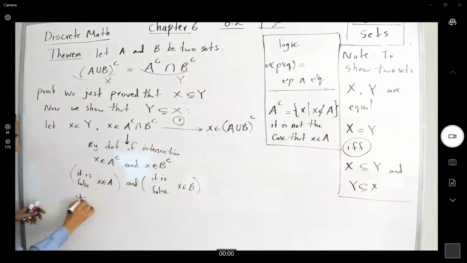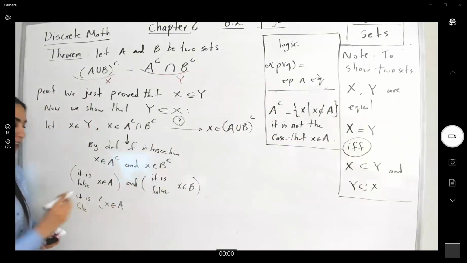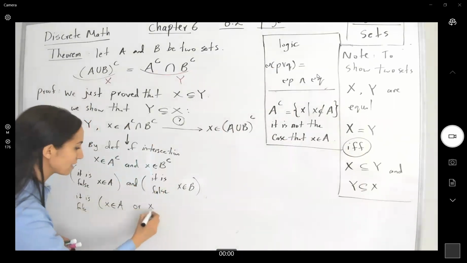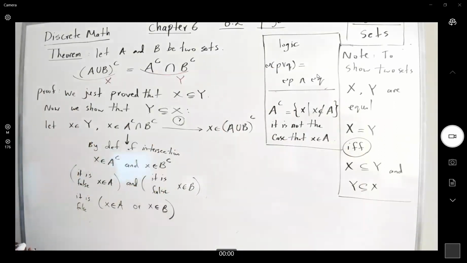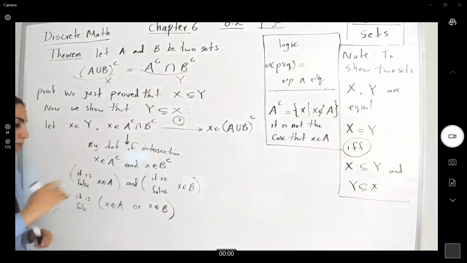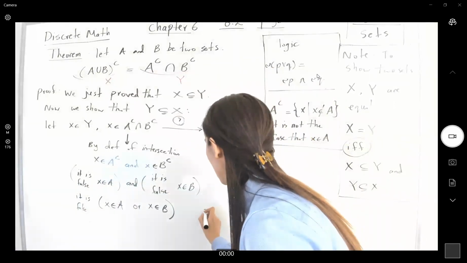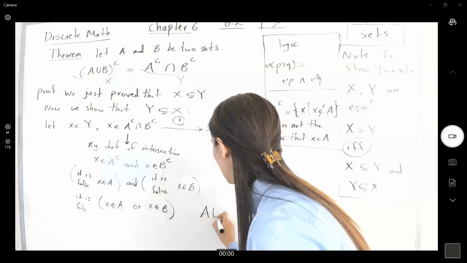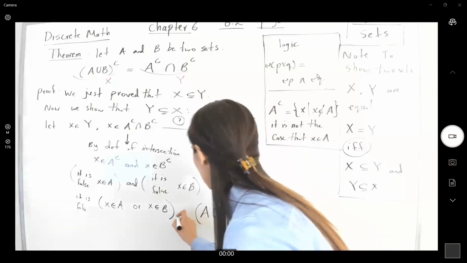So it is false that X is in A or X is in B. It is false, it's not the case, gives us the complement. So equivalently, we have A or B complement.